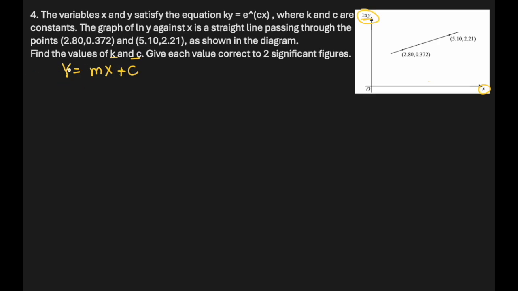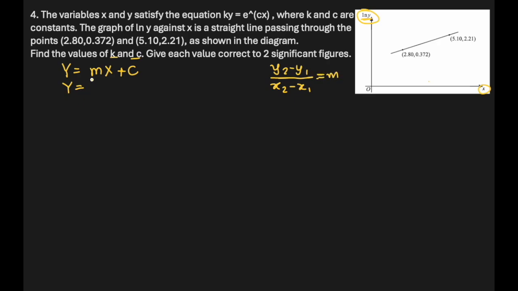So what will be the equation of this line? It will be Y equal to mX plus c. m is the gradient, right? Gradient is y2 minus y1 over x2 minus x1.